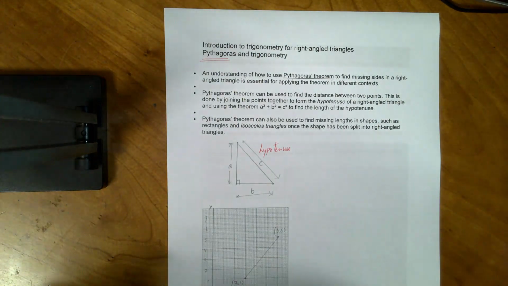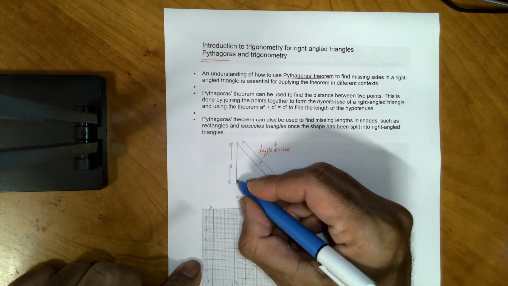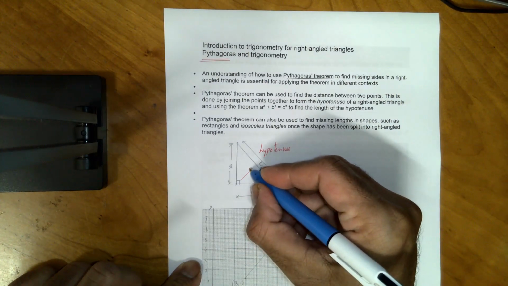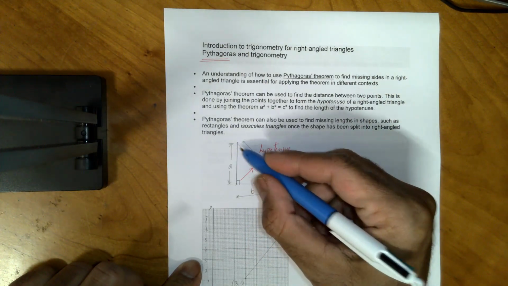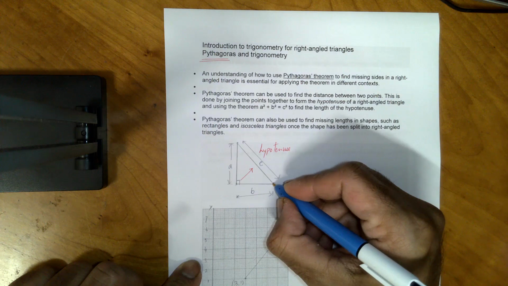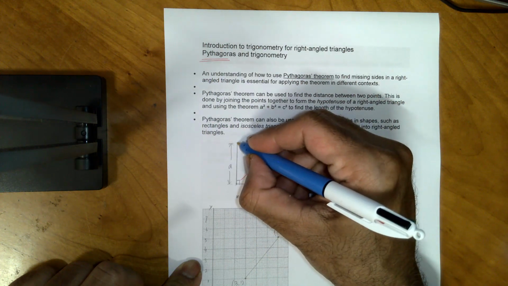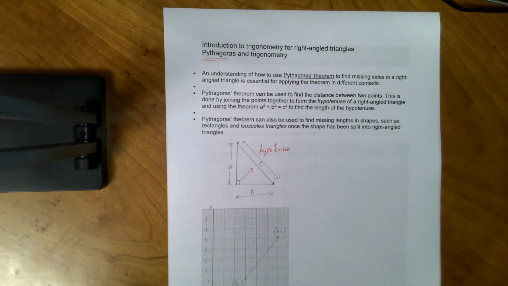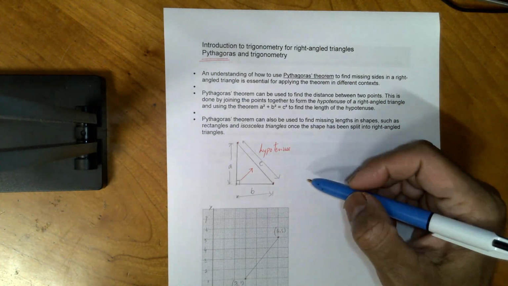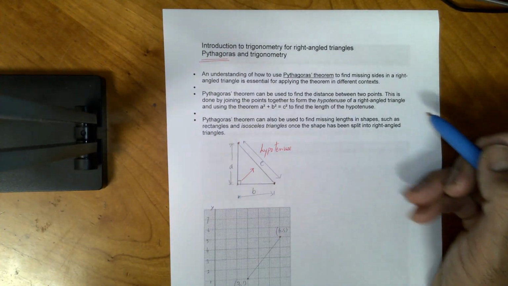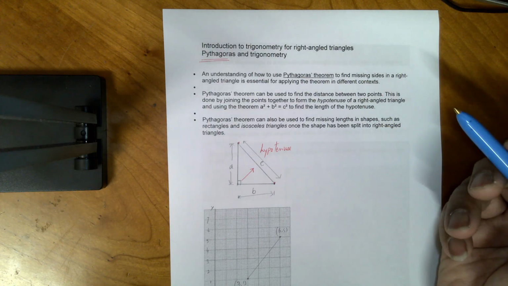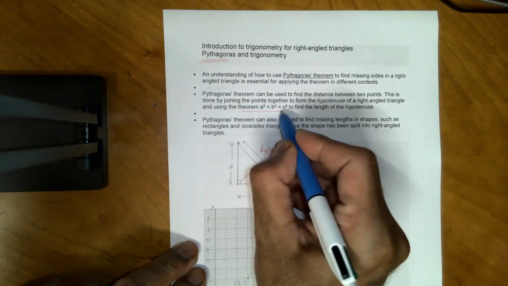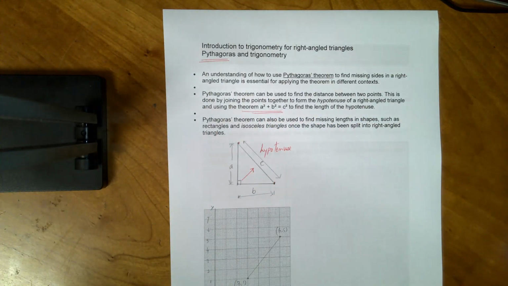Always remember this, please. So this is the right angle triangle. This side here, the longest side, these points. So this side is the hypotenuse of the right angle triangle, and this is the theorem we have.